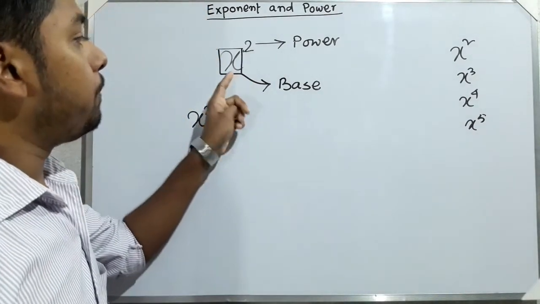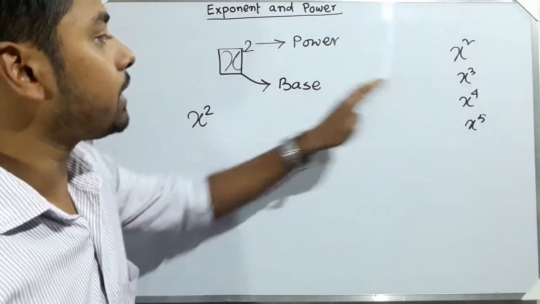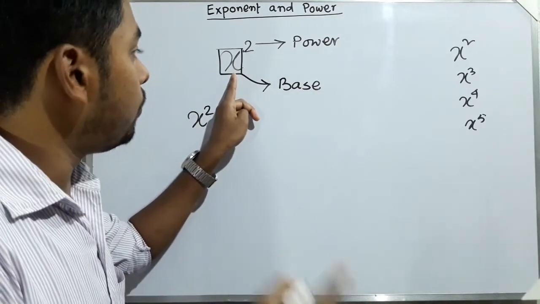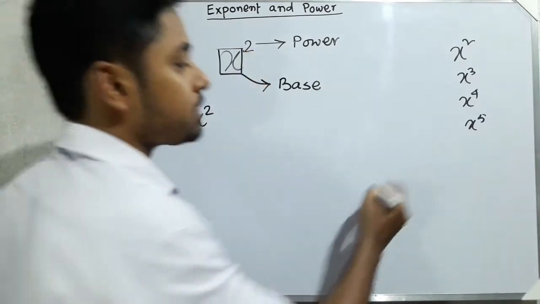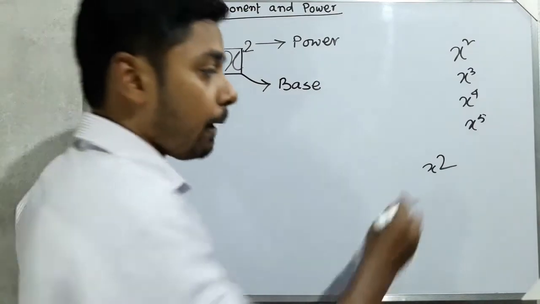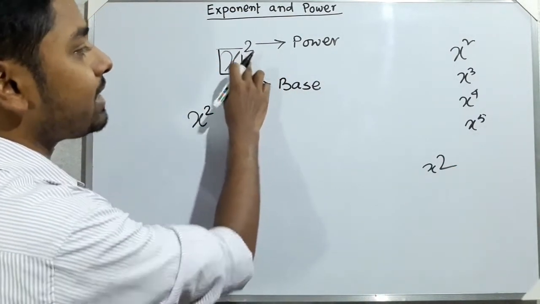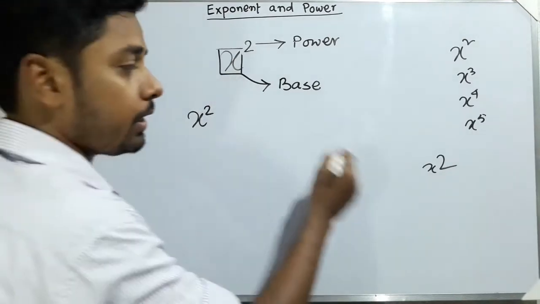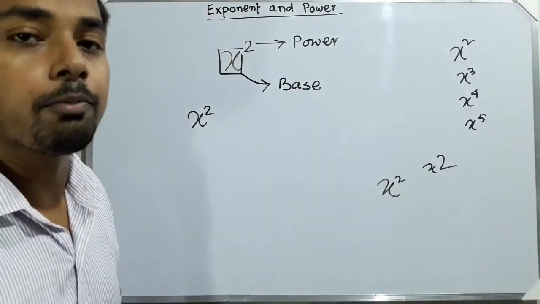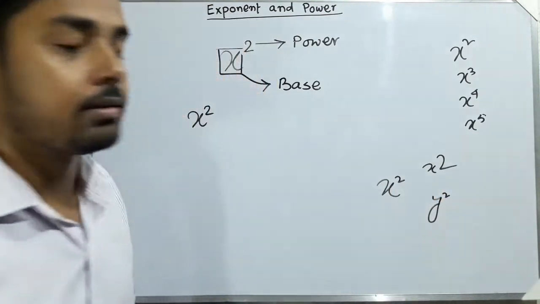Whenever you write this number, you have to remember that the base will be a little bigger than the power. If you write it the other way, it is wrong. The shape of the power should be smaller than the base. That means the base will be bigger than the power. You have to write like this, suppose y square, you write it like this.